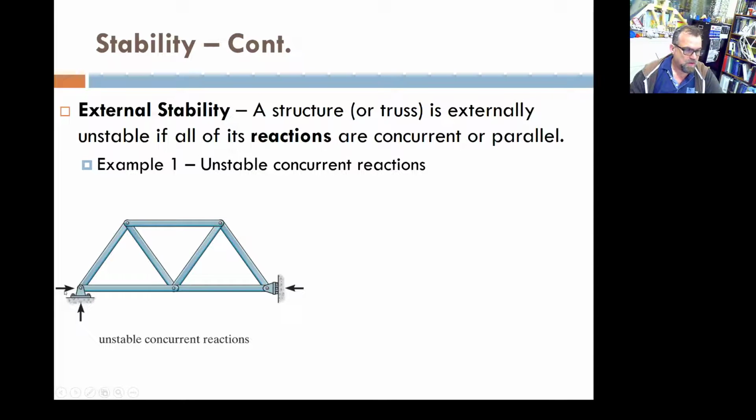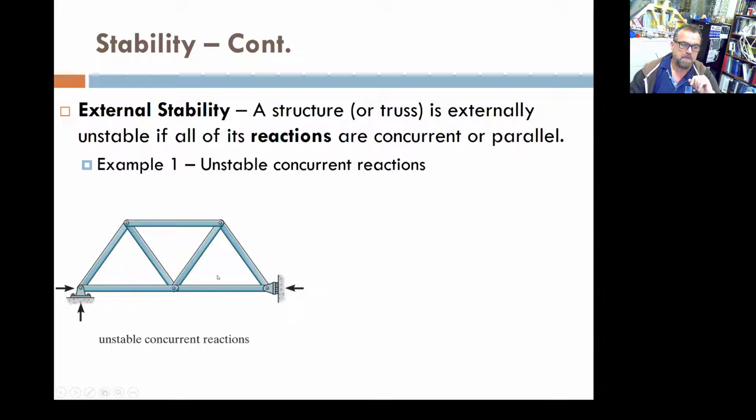However, when you realize the three reactions are concurrent, this is your key, concurrent reactions, that truss is going to be unstable. If you apply a load here, any load, even the self-weight, this is a roller, so this is going to slide, and because this is a pin, it's going to collapse.